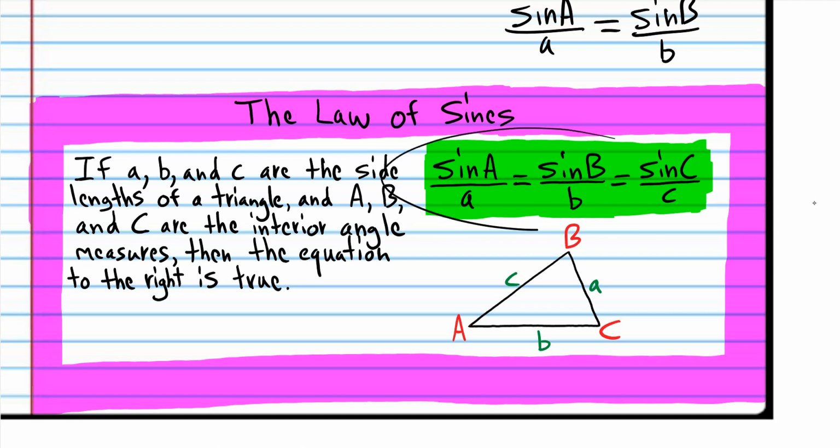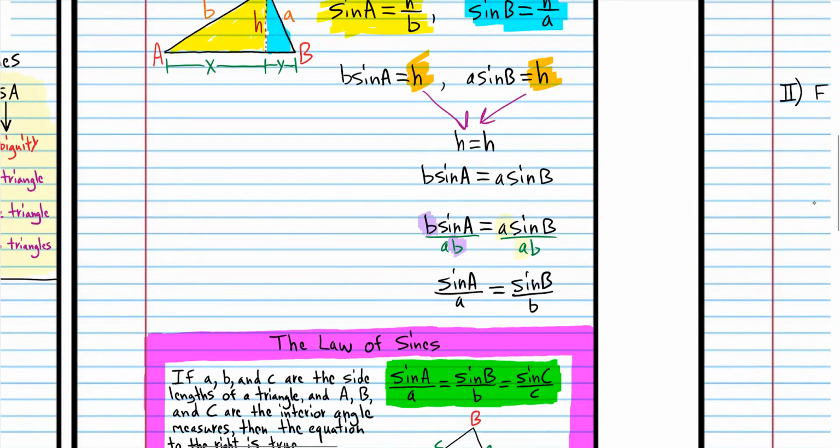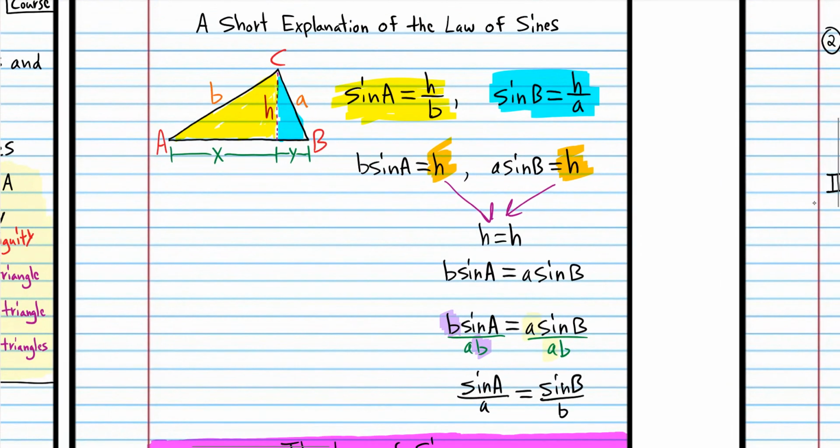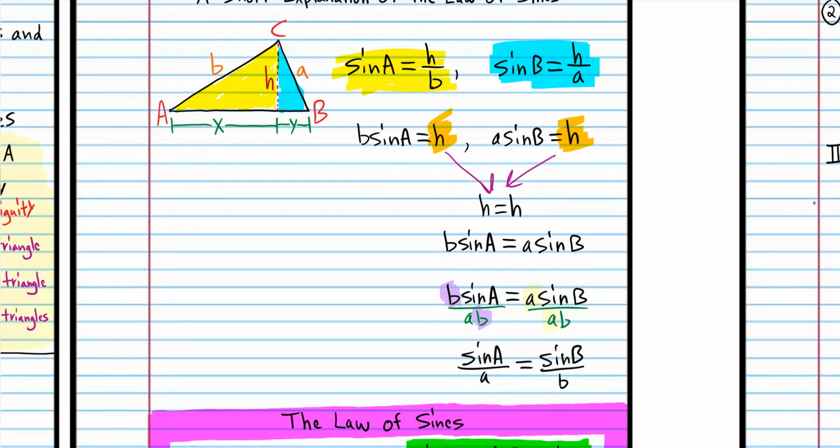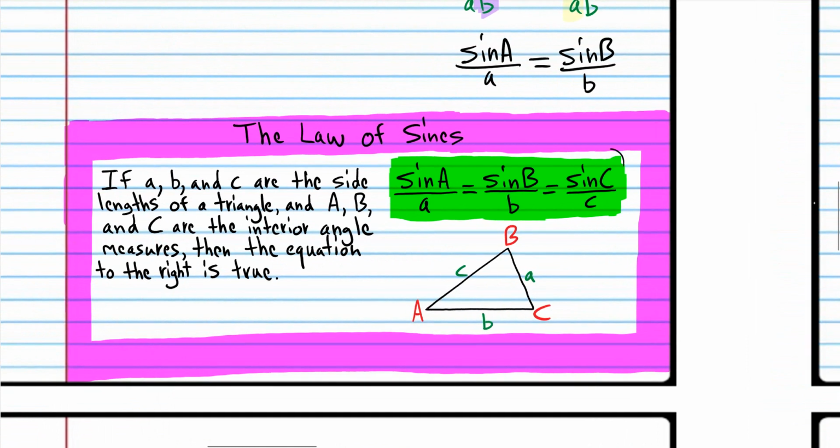You're not going to use three of them at the same time. Now again, that was a very short explanation. You're not required to know that. If you set up a right triangle for sine C, again, that shows that the last part is true also.